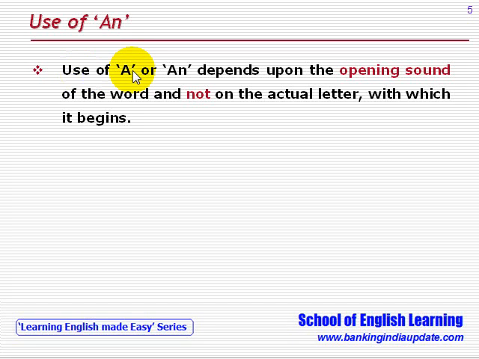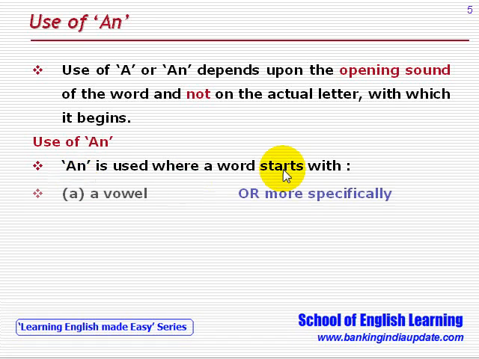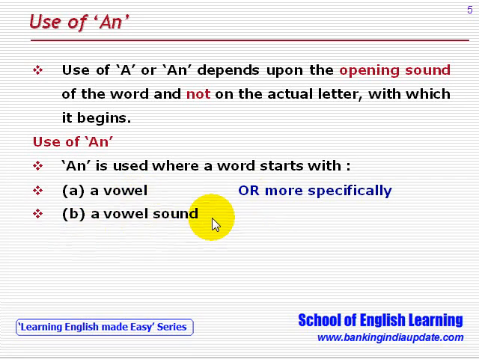Use of a or an depends upon the opening sound of the word and not on the actual letter with which it begins. So first, use of an. An is used where a word starts with a vowel, and more specifically a vowel sound.